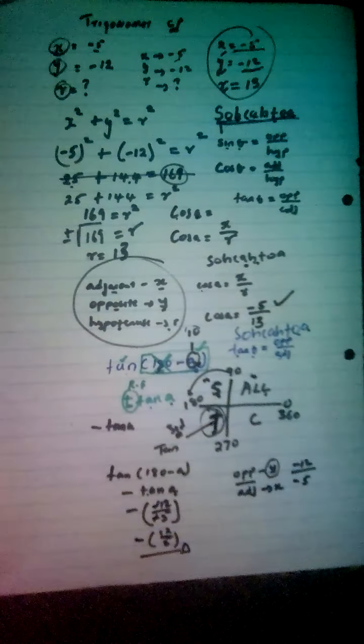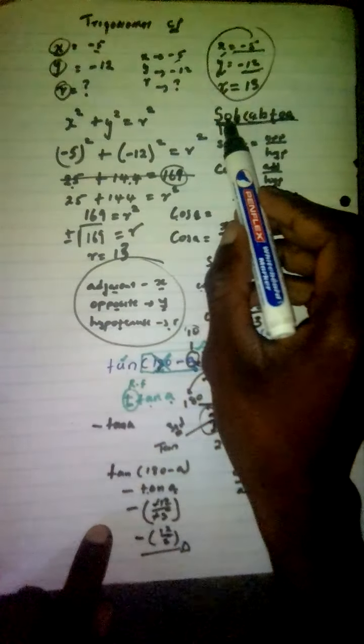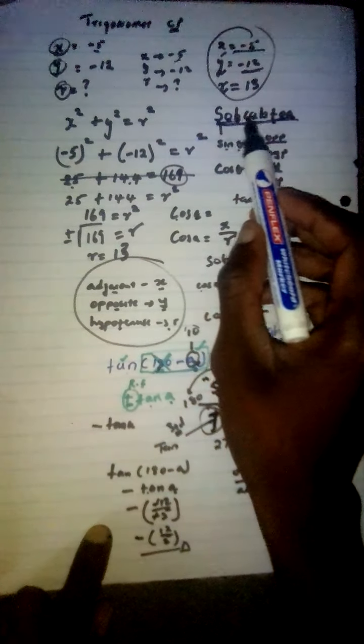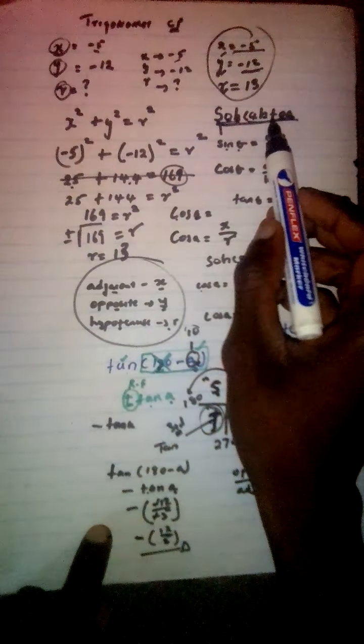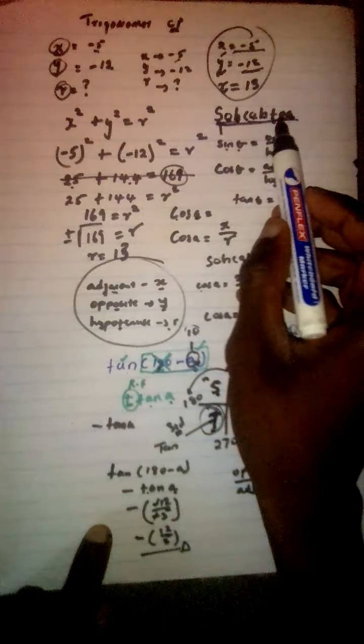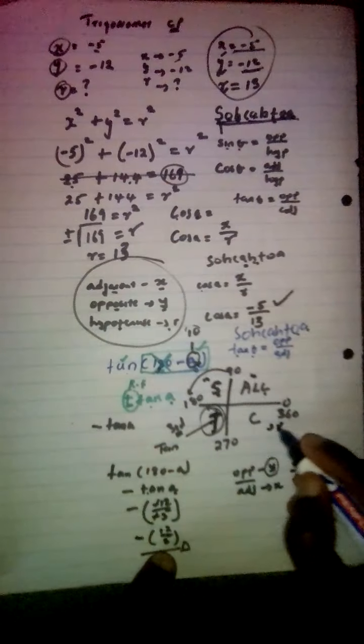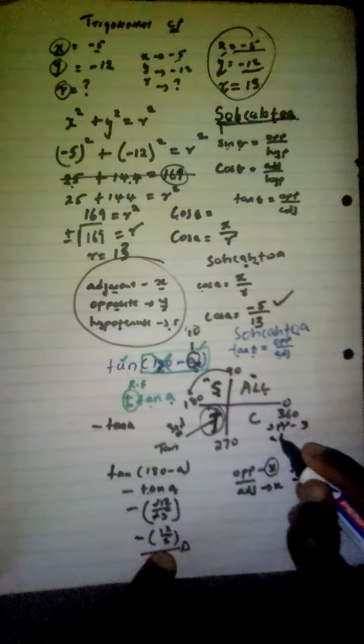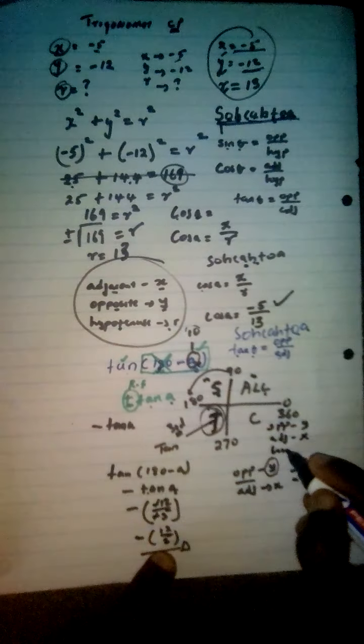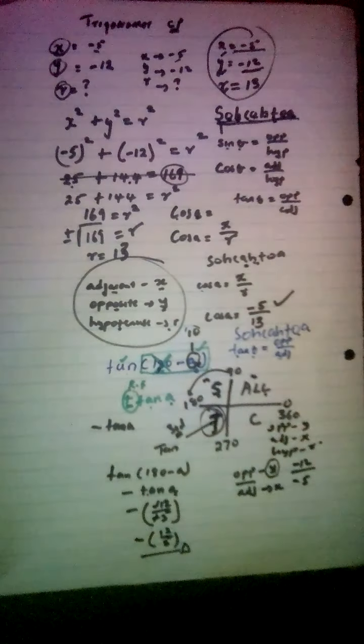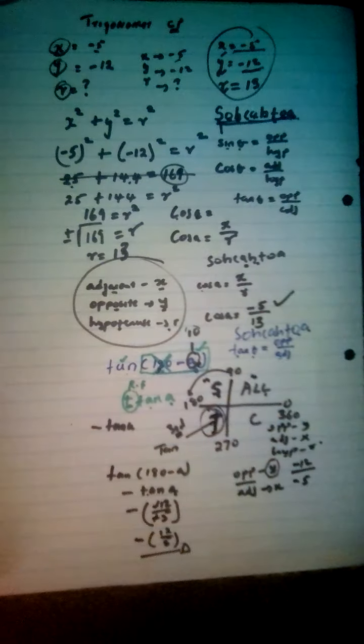SOHCAHTOA will help you determine the trig definitions: sine is opposite over hypotenuse, cos is adjacent over hypotenuse, tan is opposite over adjacent. Another important thing to know is that opposite represents y, adjacent represents x, and hypotenuse represents r. Hopefully you found this information useful.